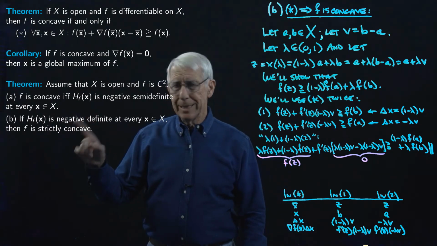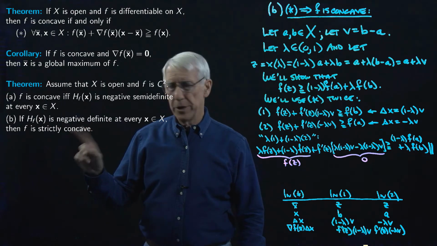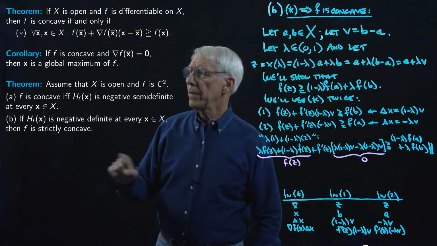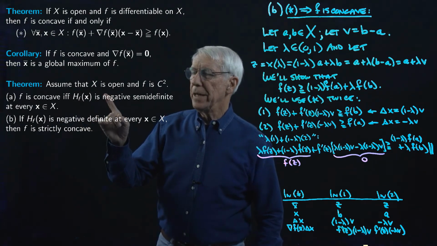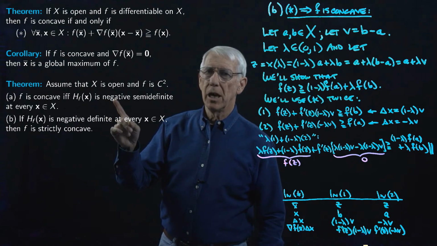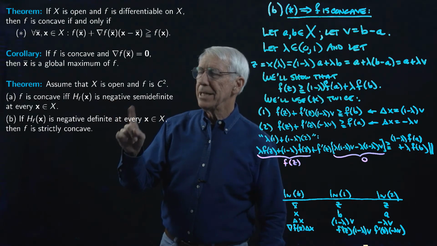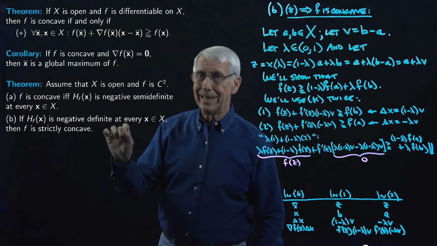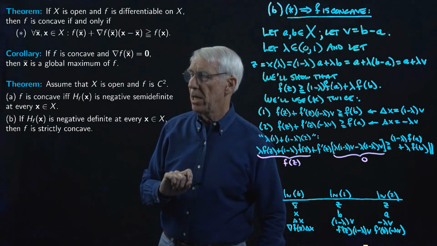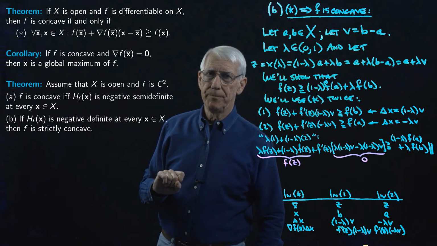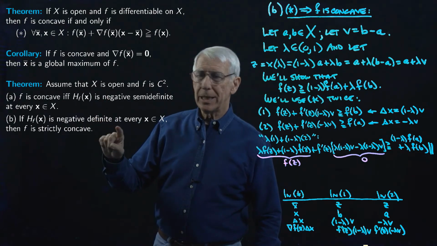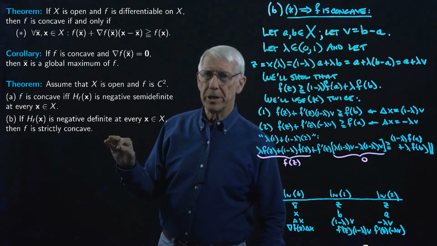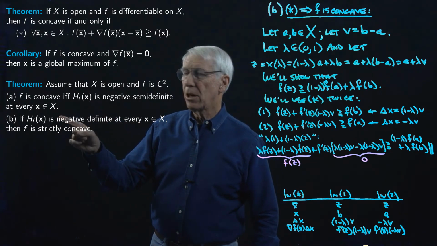So the A part is a characterization theorem for concave functions. It says that a function is concave if and only if the Hessian matrix of its second partial derivatives is negative semi-definite everywhere in the domain. That's an important additional point, everywhere in the domain. So it's a characterization theorem. That means in particular that having the Hessian matrix be negative semi-definite everywhere is sufficient to guarantee concavity.